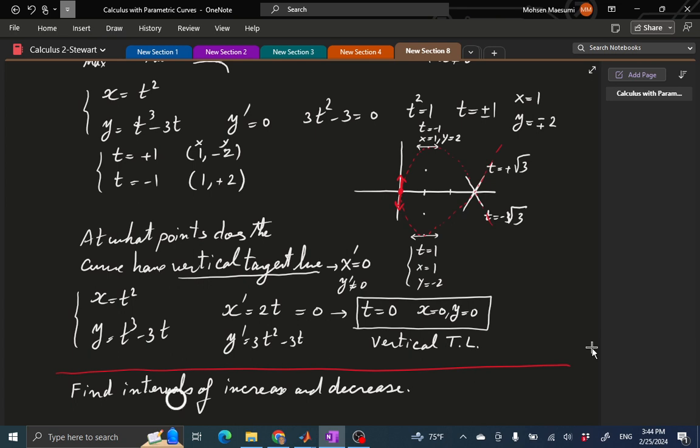So when we talk about finding intervals of increase and decrease, not as a function, because suppose you consider this interval here. How is the curve behaving? Well, if you look at this little piece, it's going down. If you look at this little piece, it's going up. So everywhere, whatever this thing is, it has both up movement and down movement, because it's really made out of several pieces.